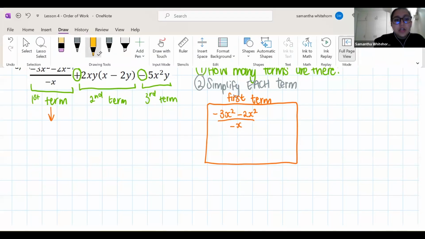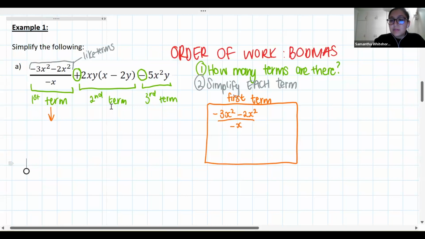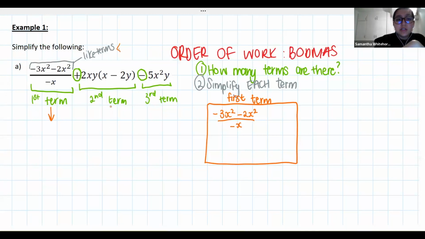Remember, if you struggle with adding and subtracting, I encourage you to go back and rewatch the videos on integers. What we have here is negative 3x squared, and I want to take away 2 of them. So negative 3 minus 2 takes me to a negative 5x squared.